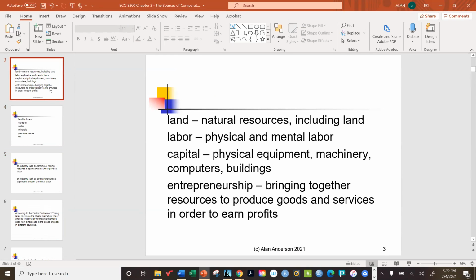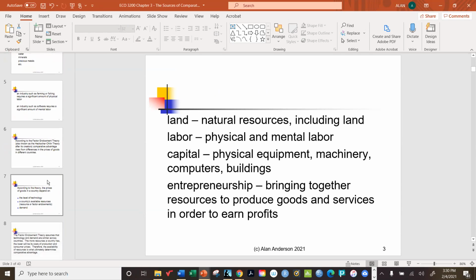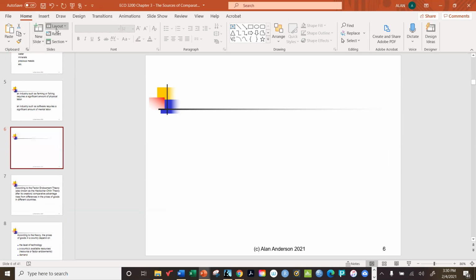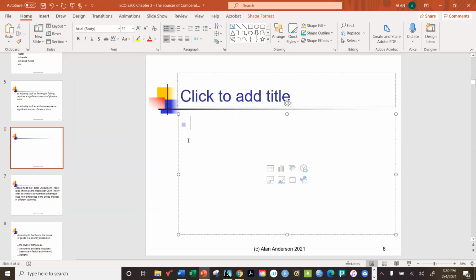We have capital. Now, here we have to be very careful with this word capital. It can be used to mean a lot of different things. Okay, so here we're referring to really 2 types of capital.